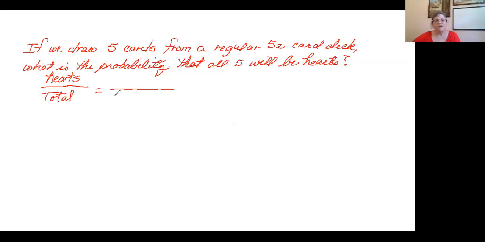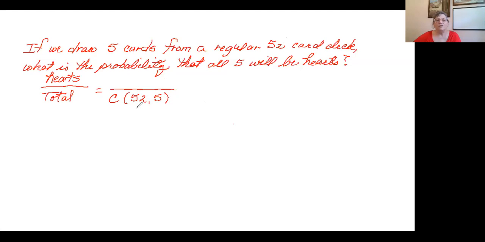So this is going to be a combination where we've got 52 and we're going to choose 5. You see that? The total sample space is that we're going to draw 5 cards out of these 52.